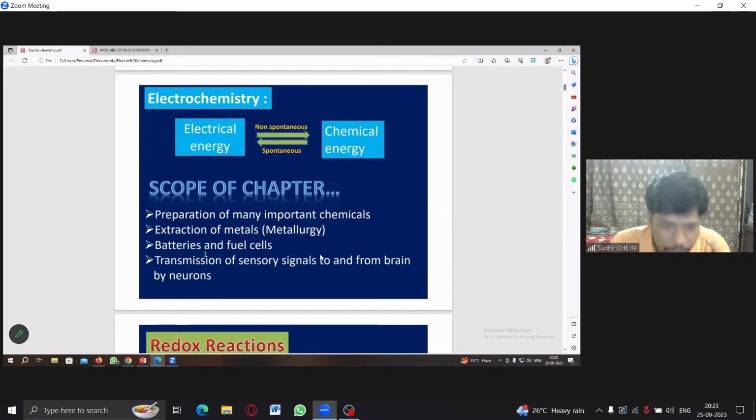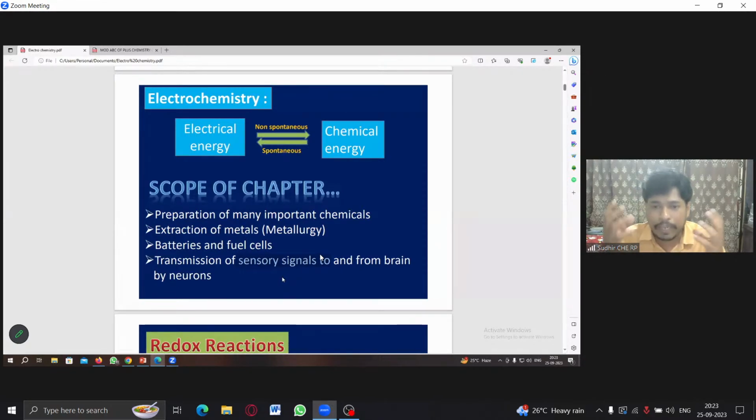Okay, but even then, electrochemistry plays a very important role in the biotic aspects also. Biotic means in the living things. Okay, so how electrochemistry is very much important in our body is it is playing a key role in the main signaling systems, from the brain to the neurons, brain to the other body parts by the neurons.